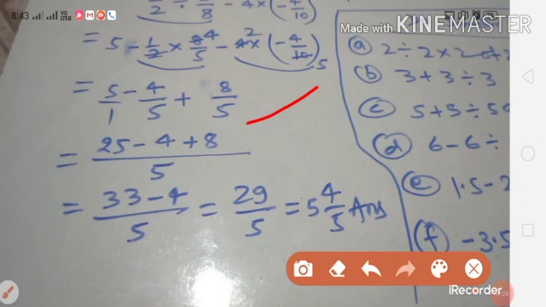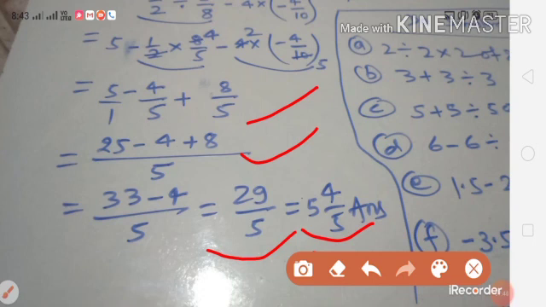So we do the function of add and subtraction, LCM. You know these types of function because I have taught you already, and at last we find 29 by 5 and the answer is 5 whole 4 by 5.